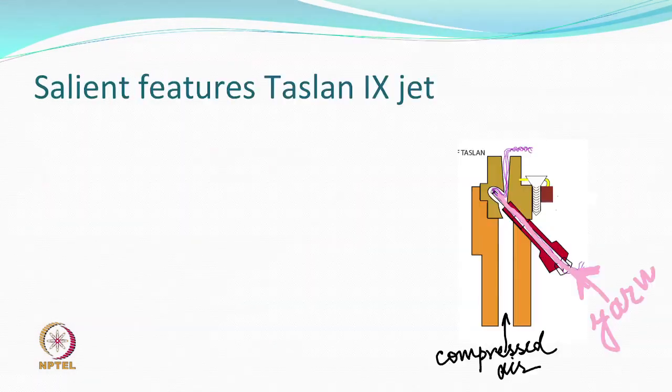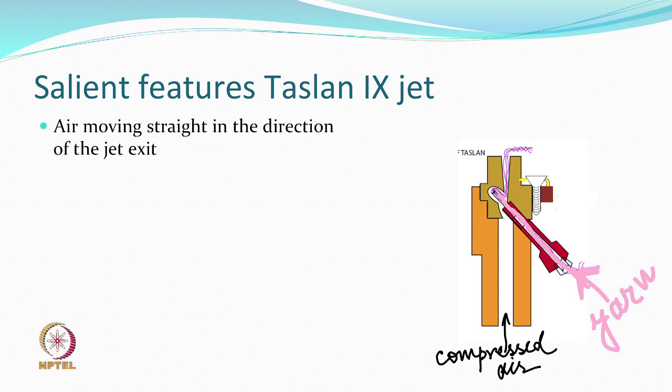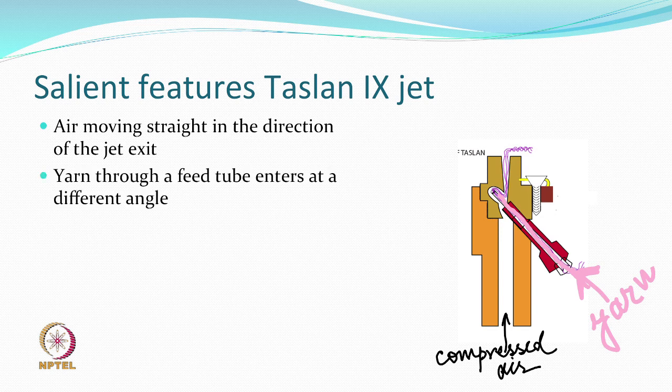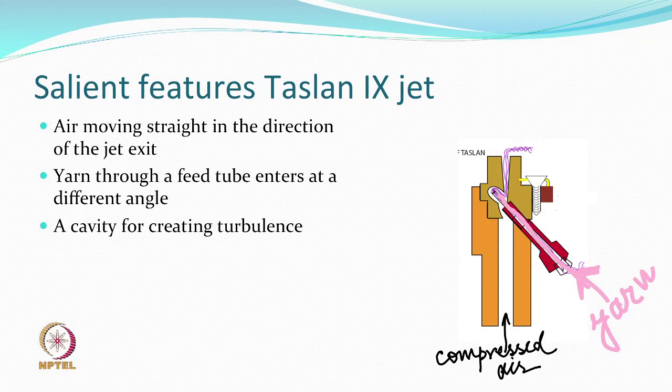This had therefore some salient features. Air is moving straight in the direction of the exit of the jet. The yarn, through a feed tube, enters at a different angle. Now, this angle can be changed, and the tube can also come in or go out. A cavity is there for creating turbulence.